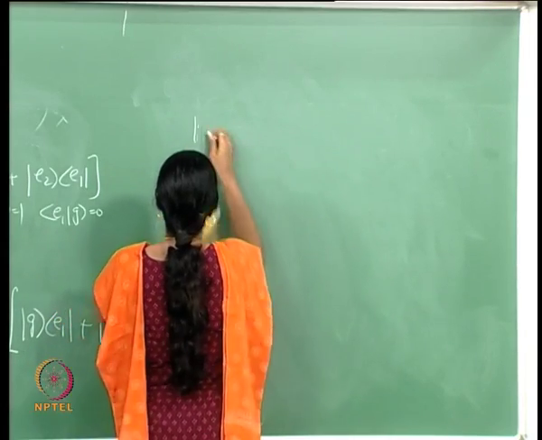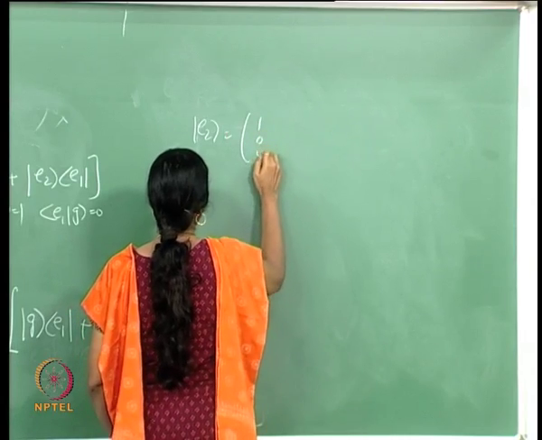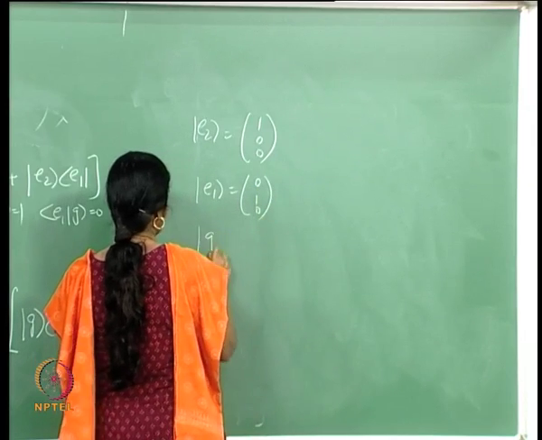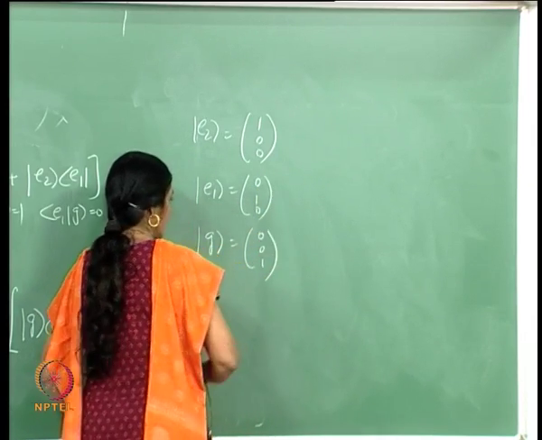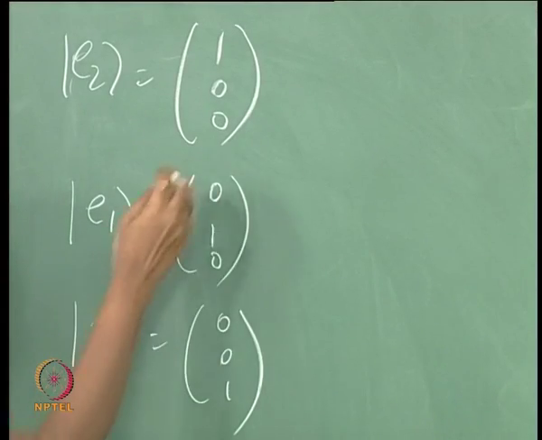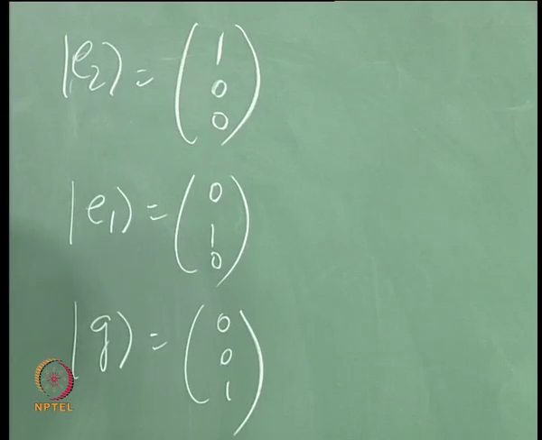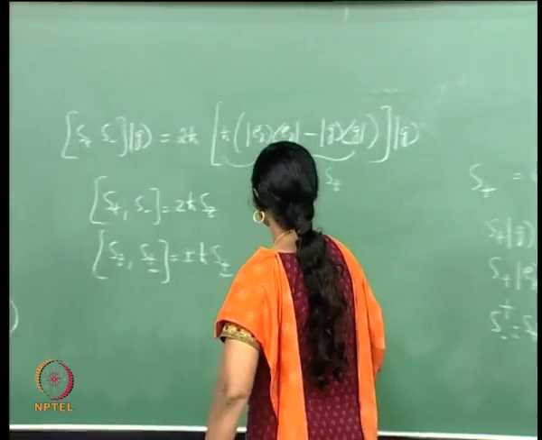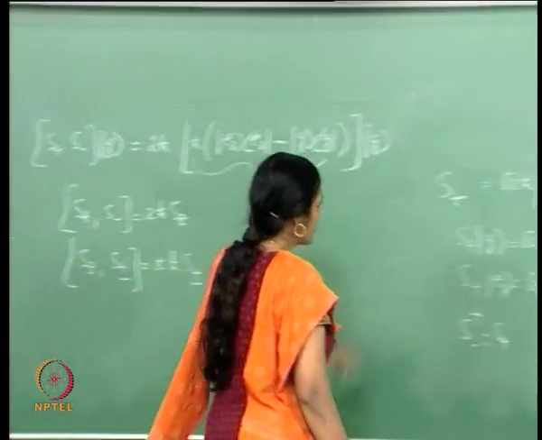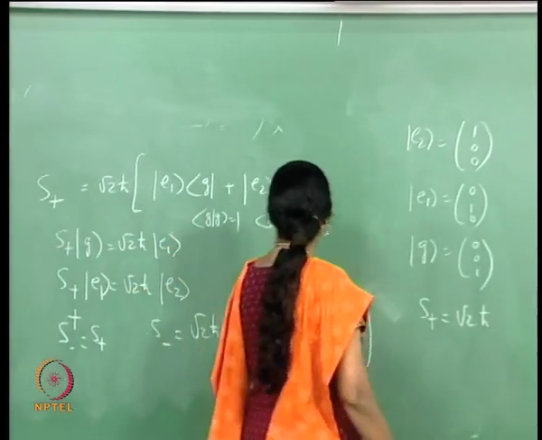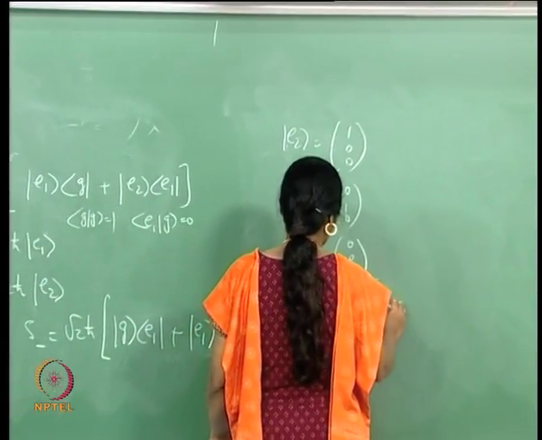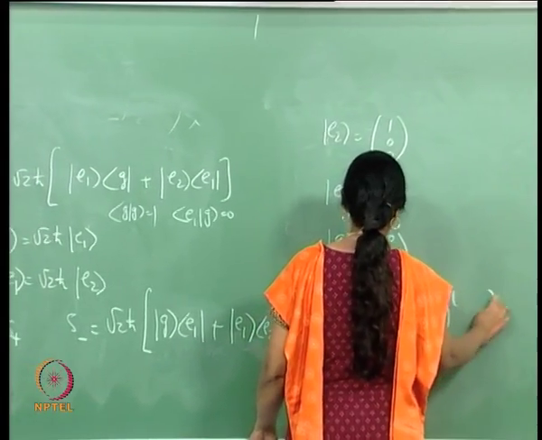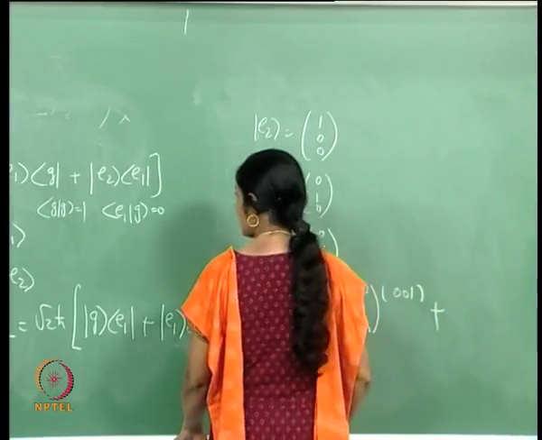Okay, let us start with ket E2. E2 is 1 0 0 for instance, E1 then is 0 1 0 and G is 0 0 1. I am now working with 3 componented column vectors, and therefore S plus was root 2 H cross S plus is written here, it is E1G plus E2E1. So, it is E1G, E1 ket is 0, 1, 0, G plus E2E1.